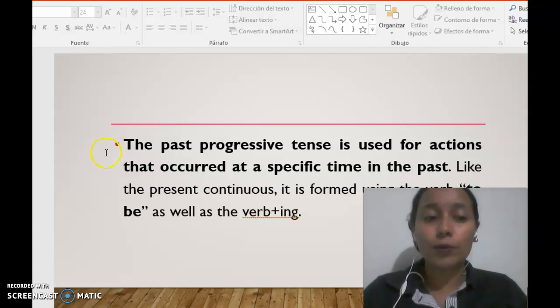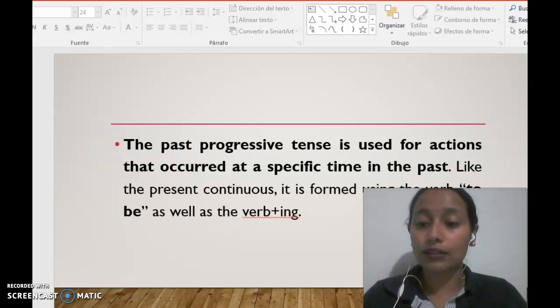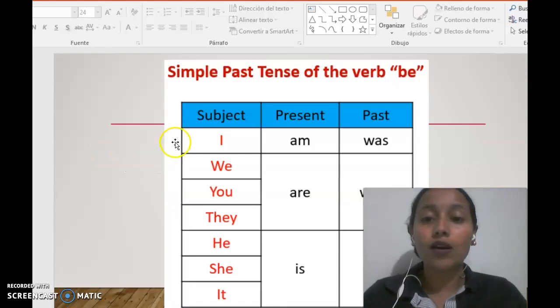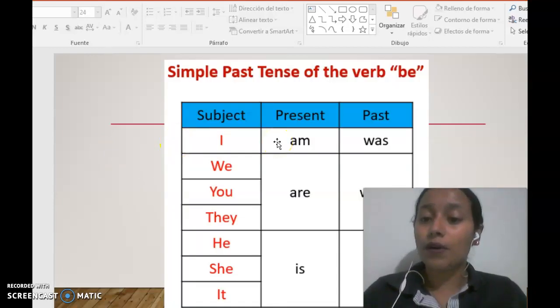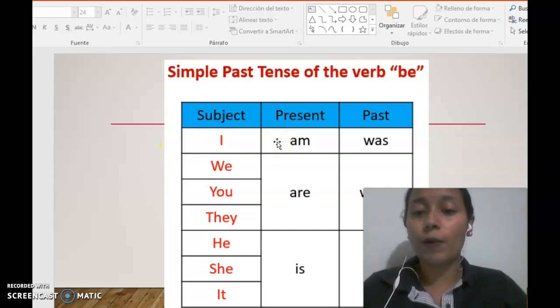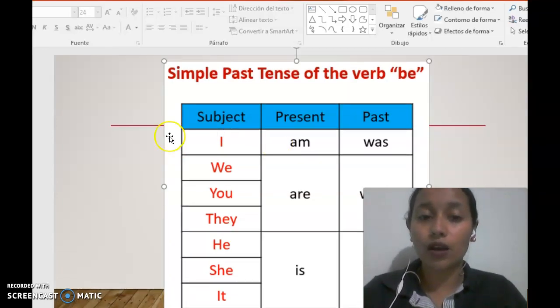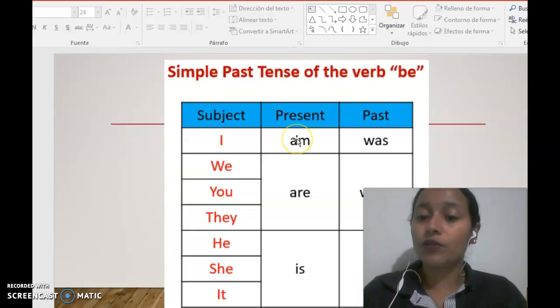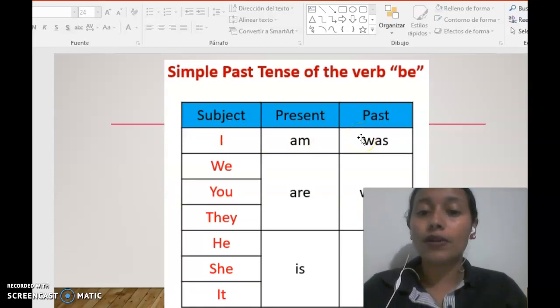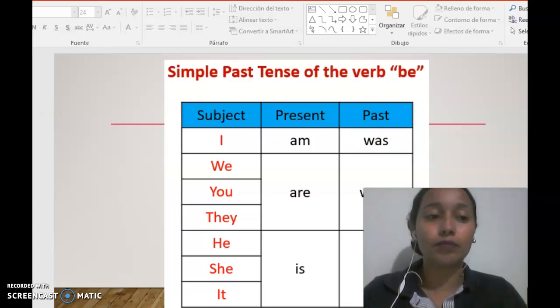So we are going to remember the form of the past of the verb to be. So we are going to remember here the subjects, the pronouns, the verb to be in present, and the verb to be in past. So remember that the verb to be is ser, estar.